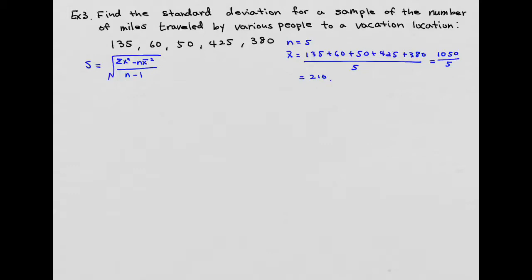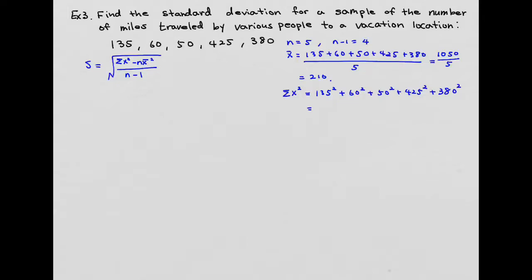And what else do we need to know? We know n minus 1 is going to be 4, right? And we need to know the summation of data squared, so you're going to find it by adding up all the data squared.